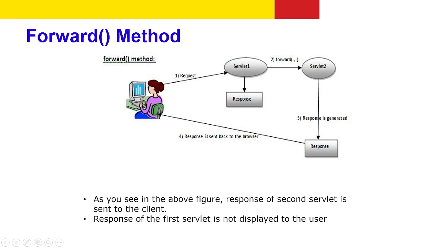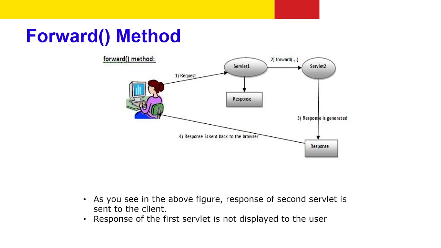This is the forward, you can just see here. You make a request to servlet 1. From servlet 1, we forward to servlet 2. Servlet 2's response is generated and sent back to the client. Servlet 1 also gives a response, so that we can also see. So far, what we are trying to do is send a request, the servlet gives a response, and for further manipulation that response is passed on to servlet 2.